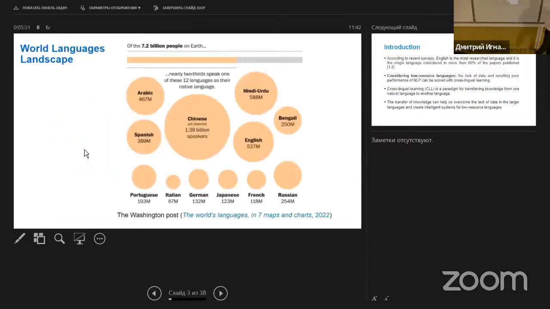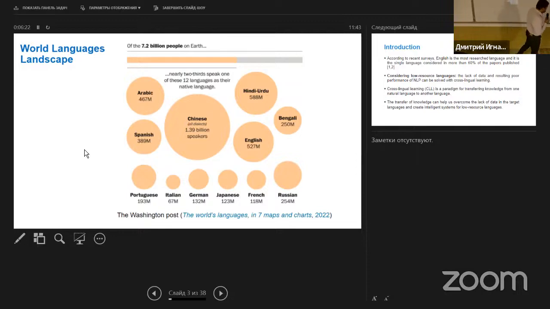Well, let's start from this world languages landscape. Here you can see the statistics of 12 languages published by the Washington Post in 2022. Here you can see the proportions of speakers as compared to the other languages.